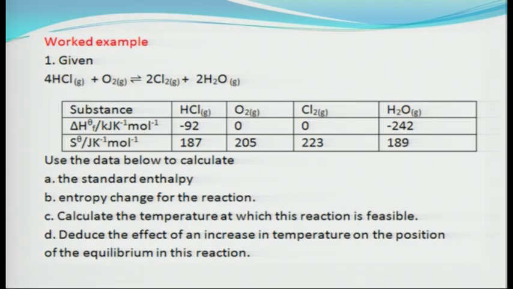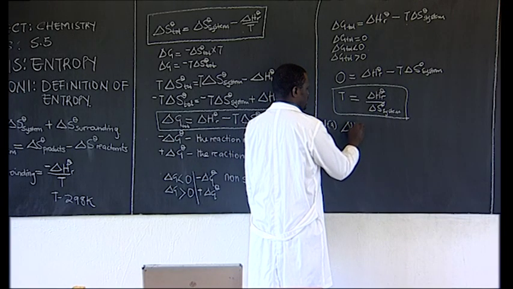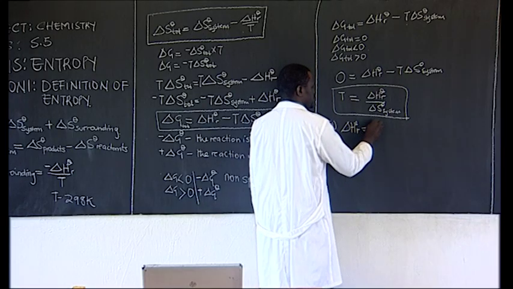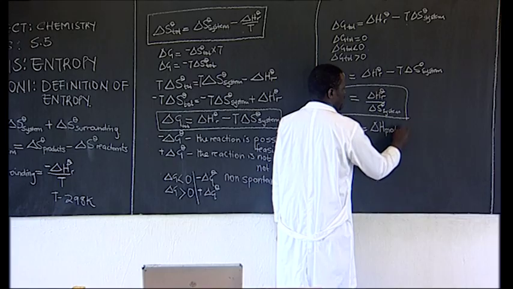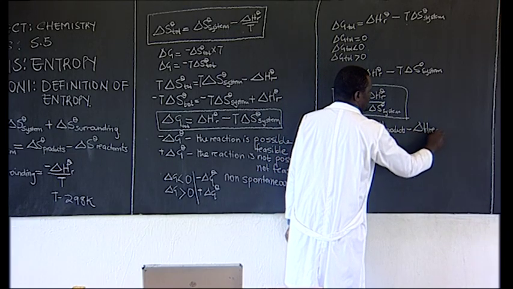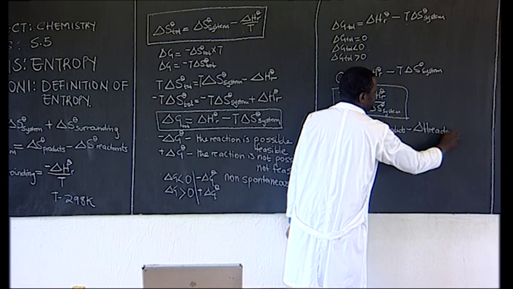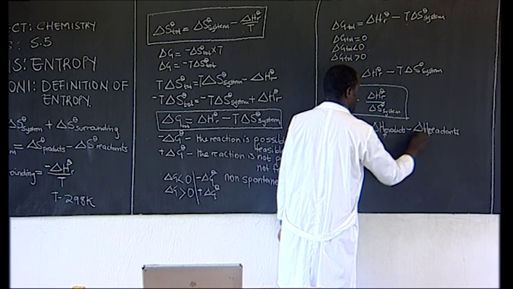To get the standard enthalpy of reaction, if you remember what we discussed in the heats of reaction, our enthalpy of reaction, delta H, will equal the change in enthalpies for products, because we have enthalpies of formation, minus the change in enthalpy for reactants. So these are enthalpies of formation, if you remember.